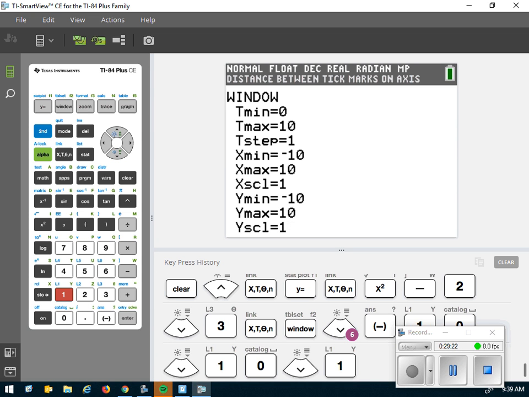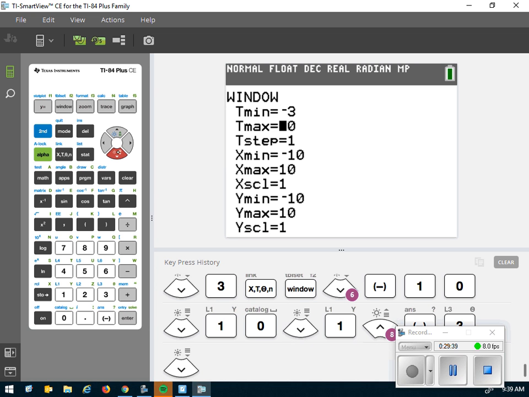And make your x scales and y scales by 1. Now let's go back up to the t min and t max. Let's graph it from negative 3 to 1. We're going to graph this on 3 different t intervals and just see what happens, okay? Now let's graph.